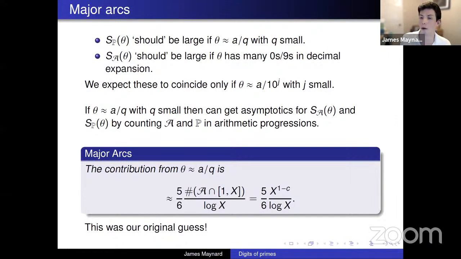So this is fitting perfectly with both our heuristic guess and our philosophy of the Hardy-Littlewood circle method, that there should be a few structured points. And then what we would be left to do is to show that for all the remaining Fourier frequencies theta, which are not close to a rational with small denominator, there's a negligible contribution, and they would only contribute smaller terms. And then we would have a full asymptotic formula for the number of primes with no sevens in their decimal expansion.